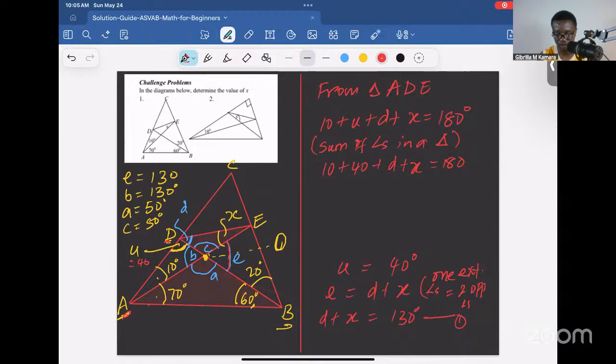So we have, this is U, D, E, F. X plus D is equal to E, which is correct.